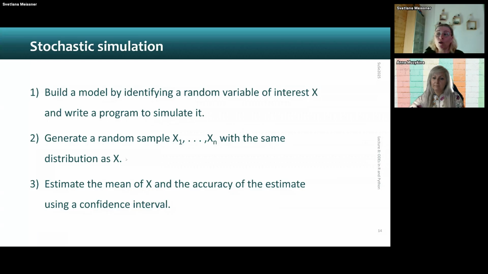Now your variable is not equal to one specific value, but is a collection of values. Here you see we generate random numbers x1 to xn, and this whole collection we describe as a distribution.